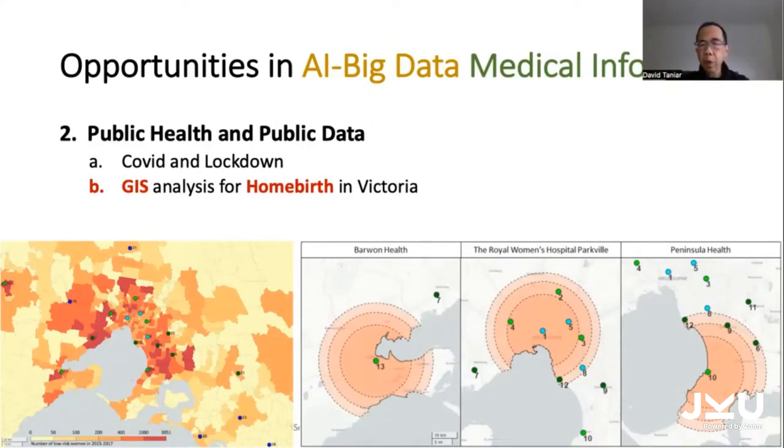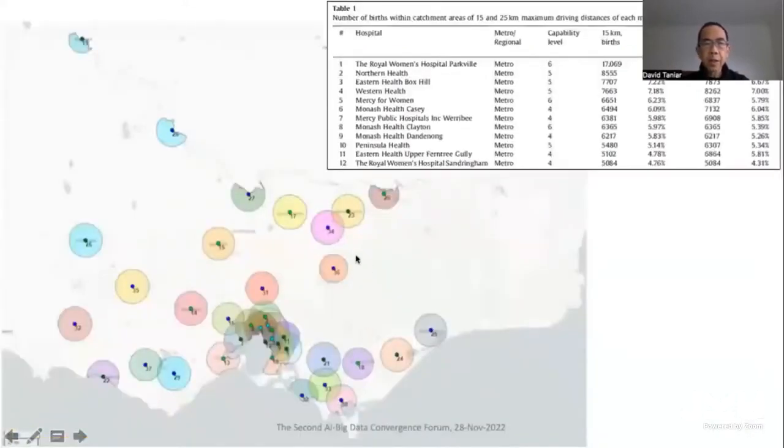So here we plot 32 hospitals in Victoria, and then this is the city of Melbourne. So we plot this, and then we also analyze the distance, 5, 10, and 20 kilometers. And then this is the map of Victoria, which is the state, and then this is Melbourne. All of these are actually hospitals, and then we can find out the catchment, and then how many women potentially can be reached, right?